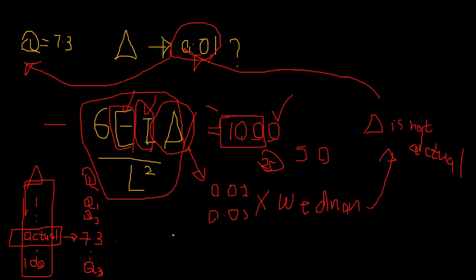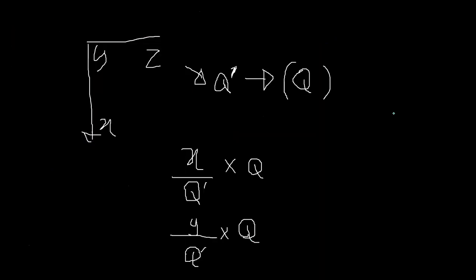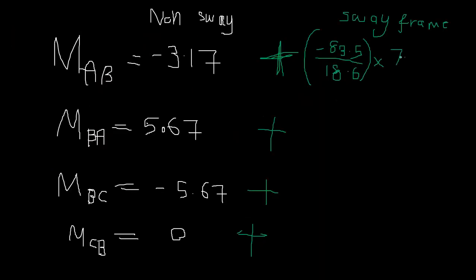Actual Q value was 7.3, right? Just need to multiply it by 7.3, right? So you can take this under the Q force actually. So you can just write it as, here it was minus 66, right?